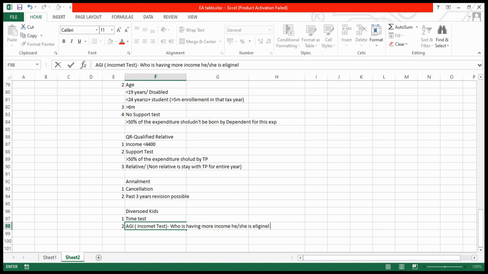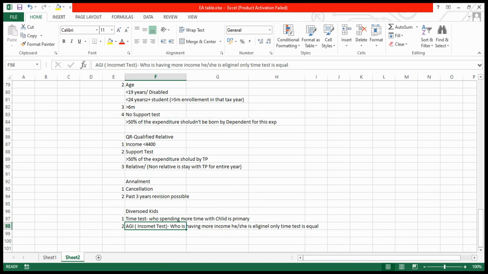Only when the time test fails, meaning the time is equal. First criteria, whoever is spending more time with the child is primary. If that is going to be equal, then you have to apply the AGI, that is the income test. Whoever has more income is eligible to take him as a dependent.